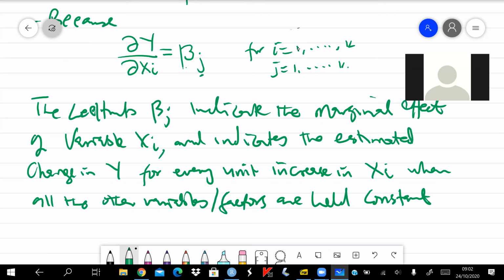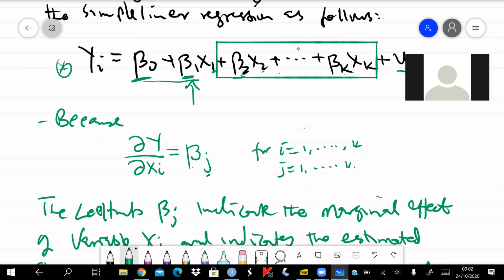In our first class, we introduced the concept of ceteris paribus. So that's what we are applying here. When you're interpreting the effect of a given regression coefficient, for instance beta 1, you will say that beta 1 is the change, either increase or decrease, in the value of y for every unit increase in x1, when you hold the effect of x2, x3, all the way to xk constant.